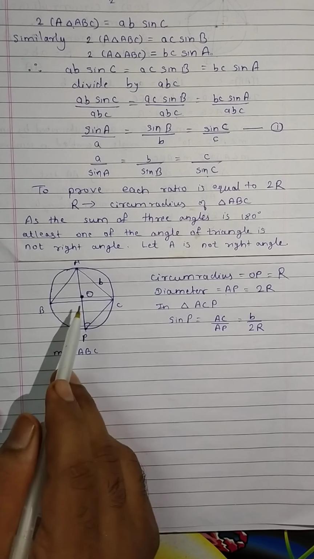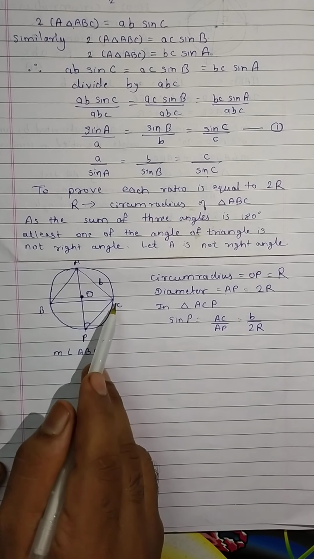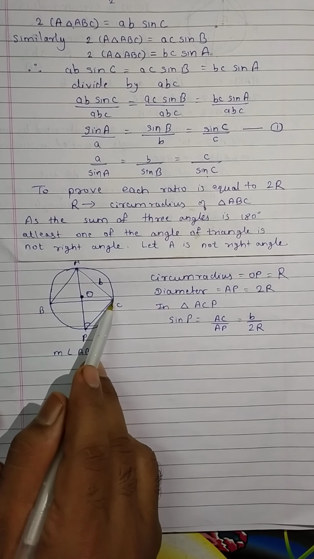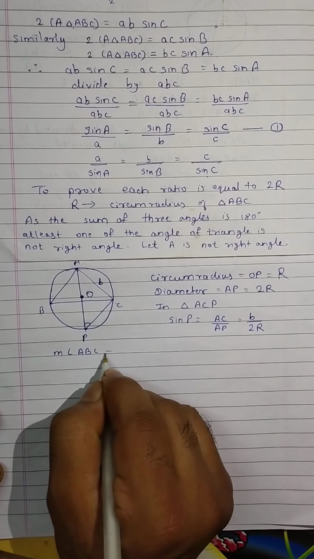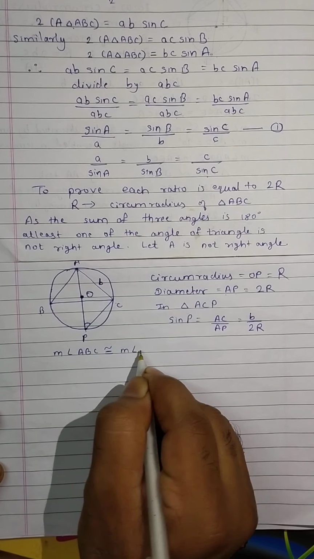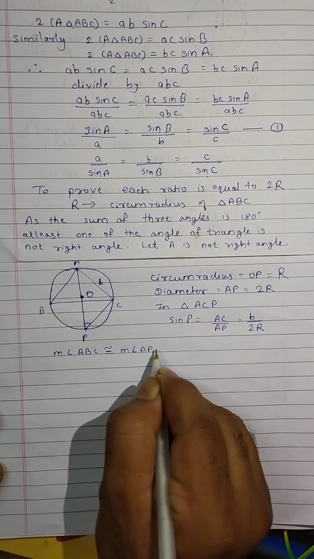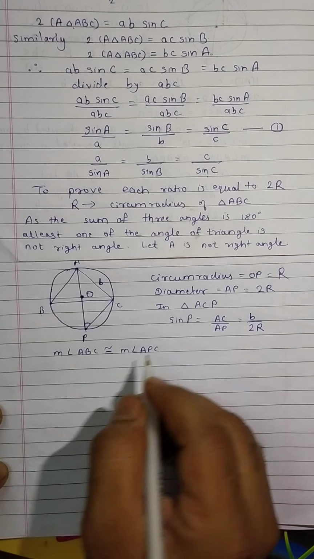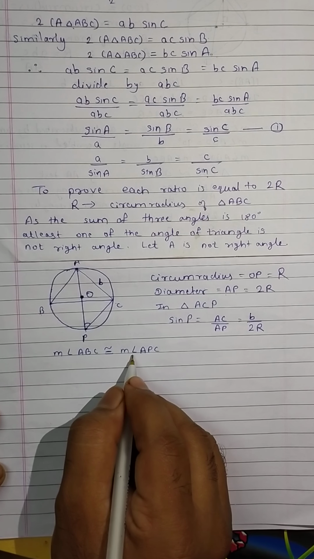You can see the angle ABC and angle APC are inscribed in the same arc AC. You will find this geometrical figure similar to the previous result which we have proved for the relation between circumradius and area of triangle. So these two angles are congruent.